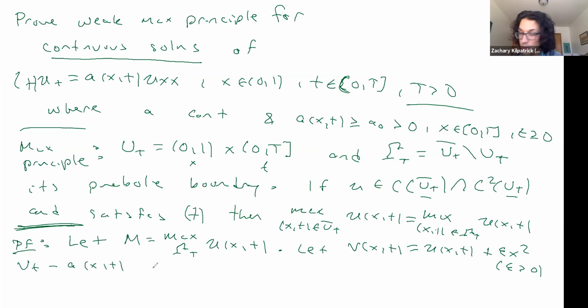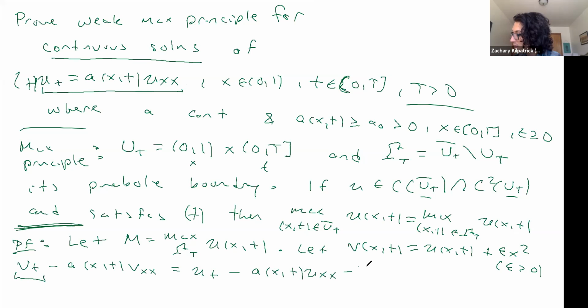If we rewrite our PDE, but now with that operator acting on V, and shift everything to the left-hand side, then the t derivative of this just has u in it. The x second derivative now has an additional term that's going to help us push things slightly below 0.